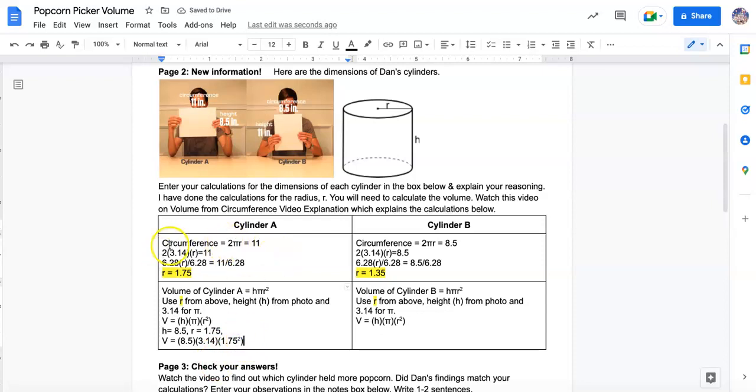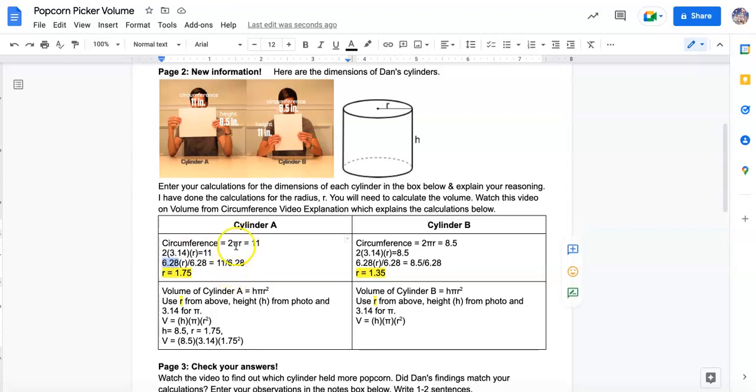So again, I'm going to talk about now how to take the circumference and get the radius. So if you have the value of the circumference, it's just like an equation. You can set it equal to the formula for the circumference, and you can solve for r. Because you already know the value of pi and 2, this just becomes 2 times pi, which is 6.28. You can plug that in yourself.